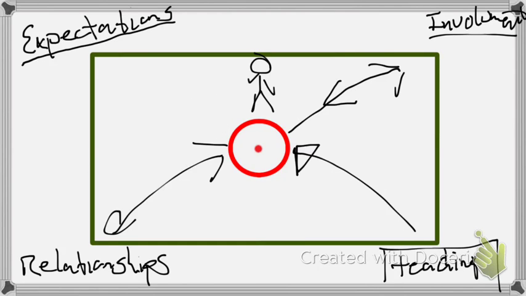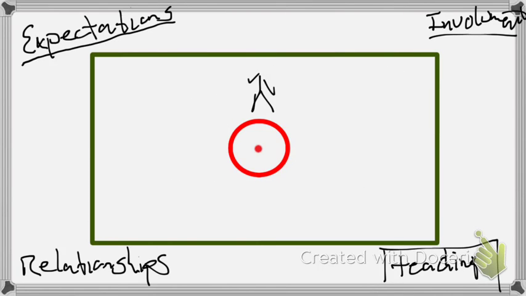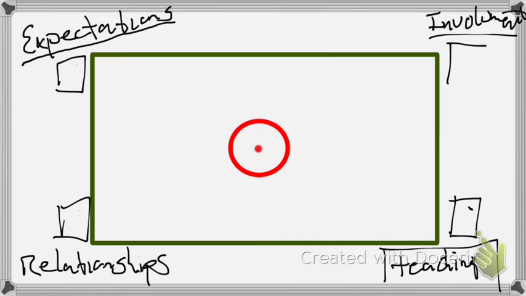Okay, so if we go back to the weight analogy, I think of these four corners as four doors, and the doors are entry points into the church. They're also exit doors.